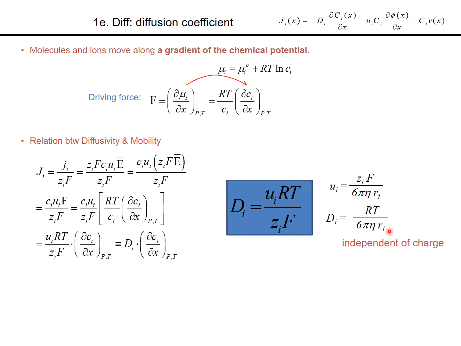It means diffusivity depends on the solvent property eta with the size of ions. However, the charges of ions are not related to the diffusivity.